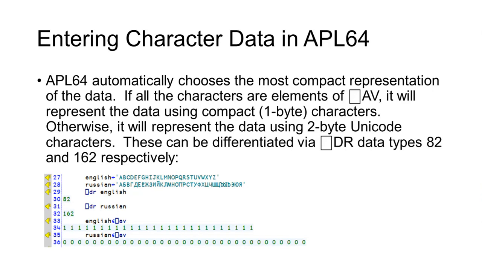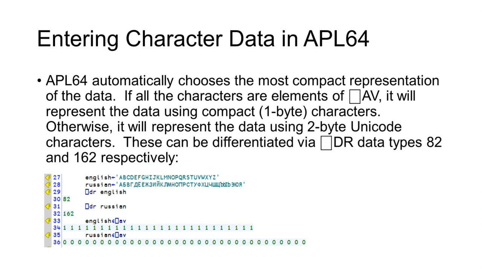So 82 is an 8-bit character data type. The 2 represents that this is character data, and the 8 represents that it's 8 bits wide. Whereas in 162, the 16 is the number of bits, so 16 bits or 2 bytes of width, and the 2 again says character. So in 82 and 162, the 2 means these are both character data types, and the 8 and the 16 differentiate between their data widths.